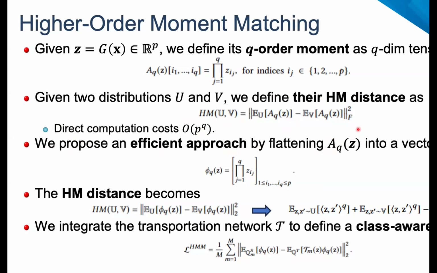We flatten the Q-th order tensor to a vector here, and we can reach this formula for the distance that's similar to a polynomial kernel, and this can be computed efficiently now. And finally, we plug this into our framework to train the transportation network.